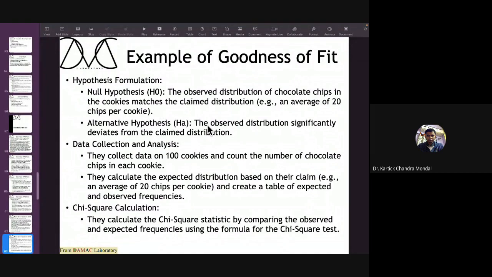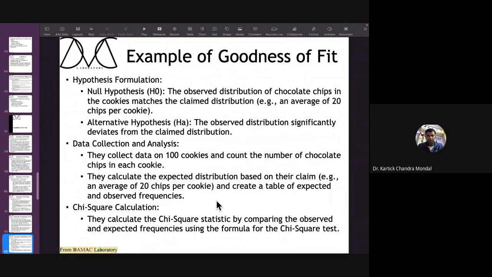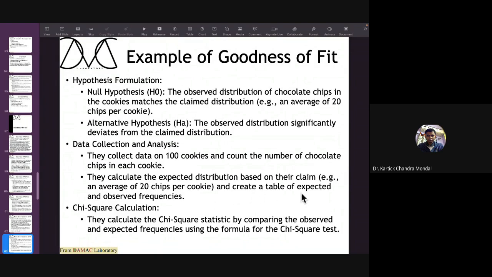And the alternate hypothesis, if this is not true, means the observed distribution significantly deviates from the claimed distribution, that is, there are either fewer or more than 20 chips per cookie. So you create the data set of 100 cookies and then create the table of expected and observed frequencies.